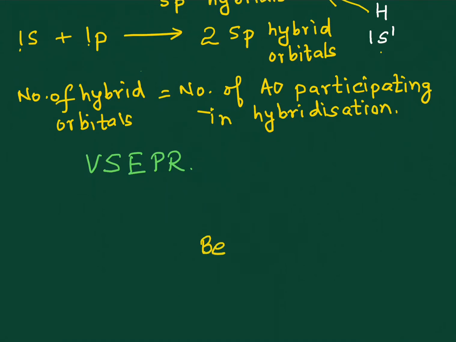So we will have beryllium here. Draw the hybrid orbital. The trick I told you is shade it. So it looks nice also, and you are able to connect with the help of colors, right?